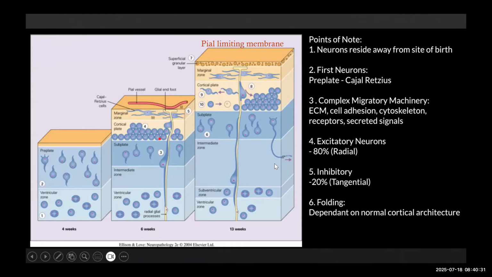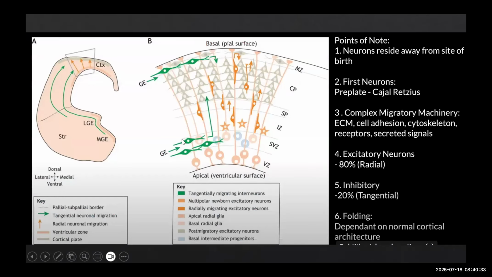So going about the tangential and radial migration. So this is the ventricular zone. Top is dorsal, down is ventral. So here in the dorsal subventricular zone, radial migration happens. Here are the cells which have the excitatory neurons, which is the glutamatergic neurons, and responsible for 80% of the radial migration, which happens directly to the cortex.